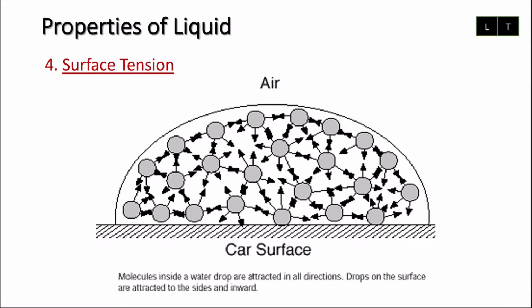So car surface dekat sini, dia akan ada surface tension with the liquid molecules on the surface. So molecules inside the water droplets are attracted in all directions. So boleh nampak anak panah yang sangat banyak dekat sini, dan di mana droplets yang close to the surface, ini yang Miss bulat kat sini ni, ini paling close to the car surface, are attracted to the side and inward. So macam dia bergerak lah. So itulah yang dipanggil sebagai surface tension.